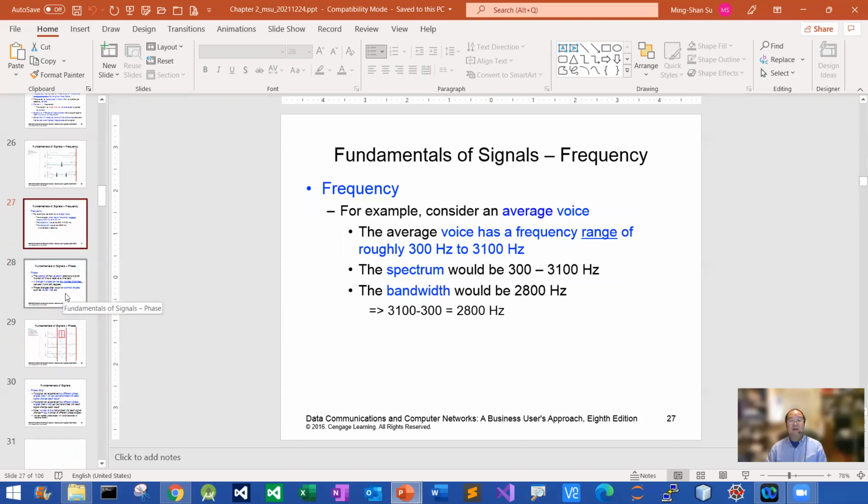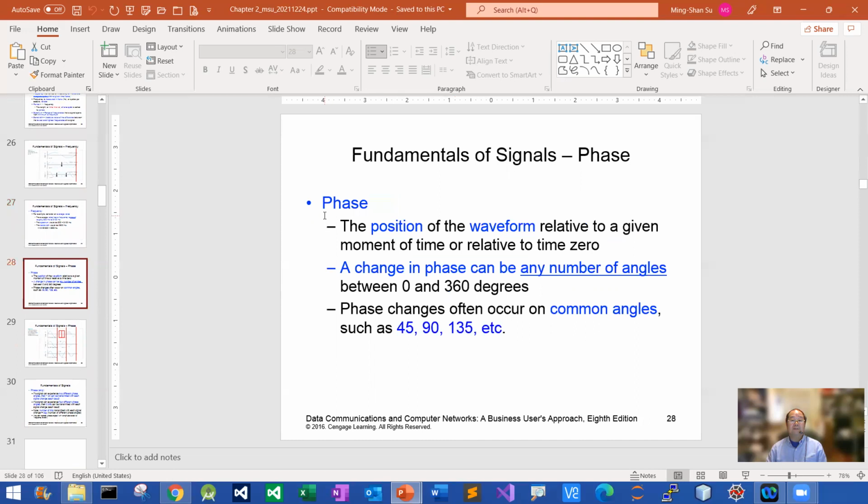How about the third component, the phase? Phase is the position of the waveform relative to a given moment of time, or relative to time zero. A change in the phase can be any number of angles between 0 and 360 degrees.